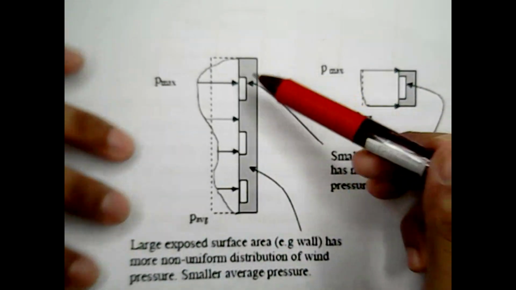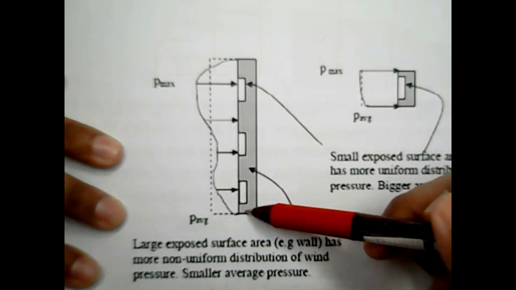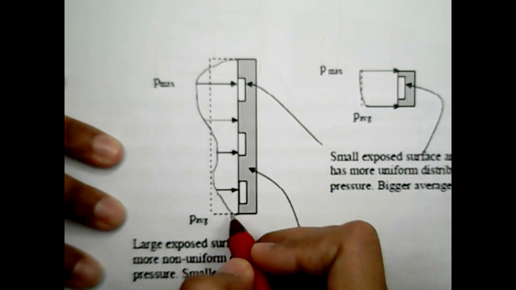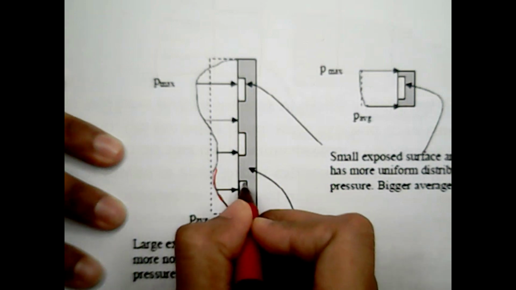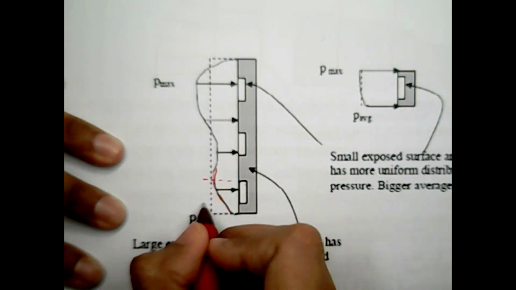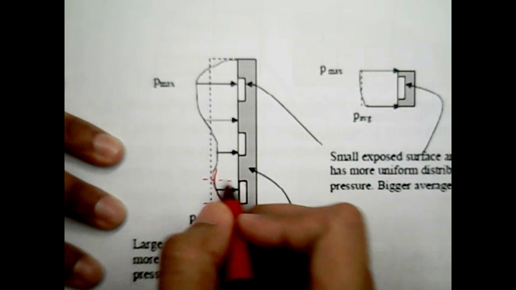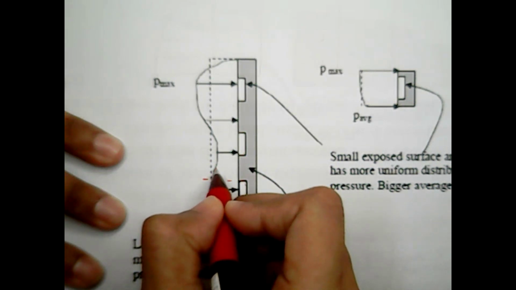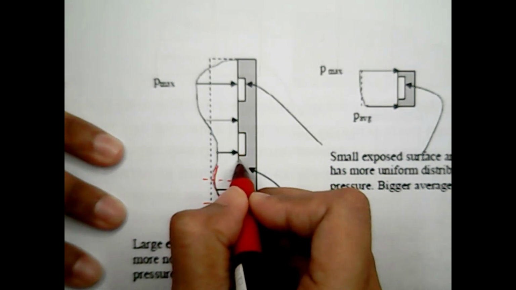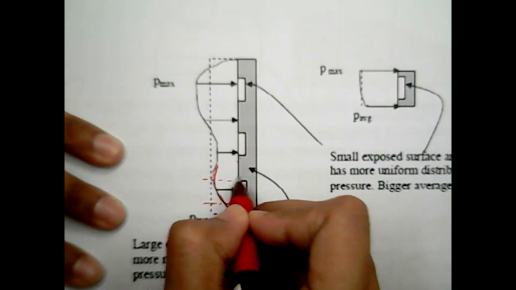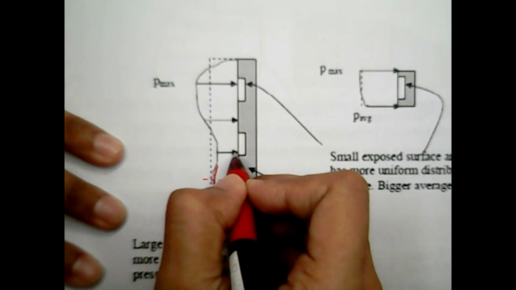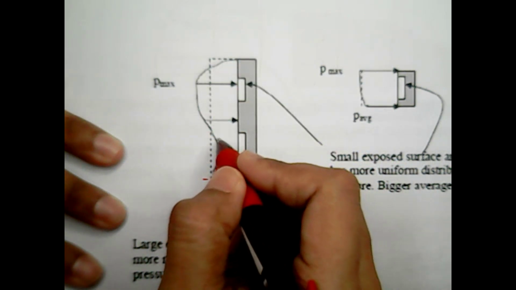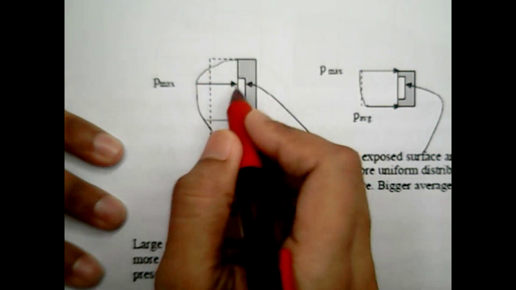So if you look at these distributions, the pressure is increased when it is at the windows area, and it tries to move back down when there is no opening, no window, so it just has the wall, and then it will rise again when you have the opening.